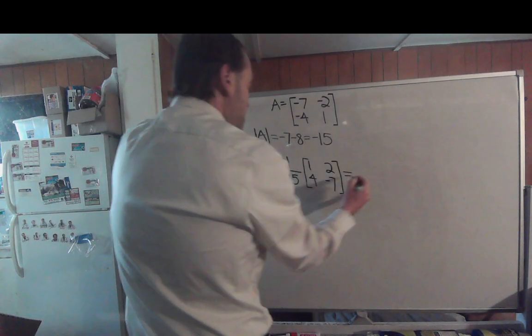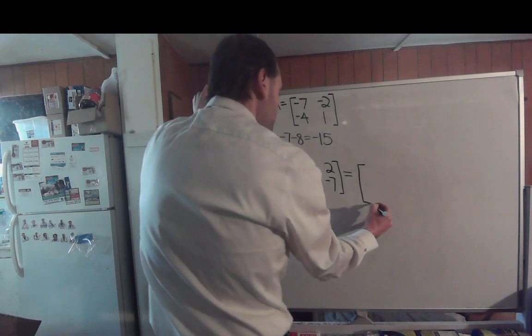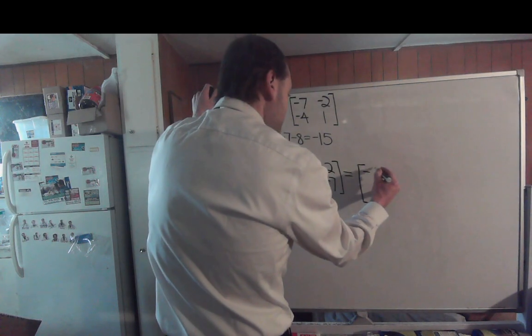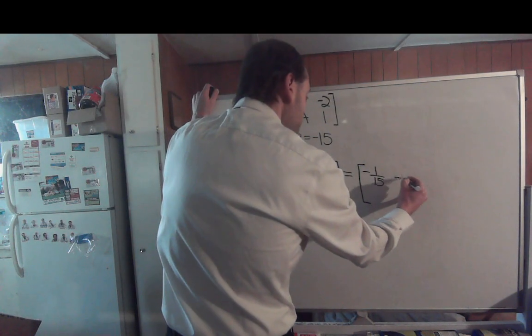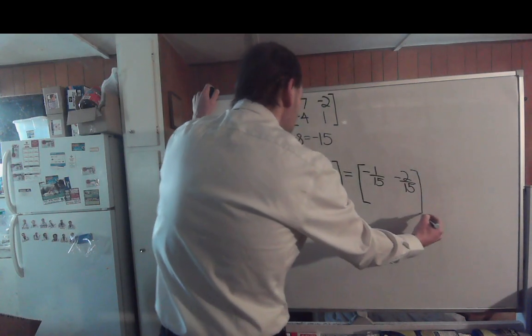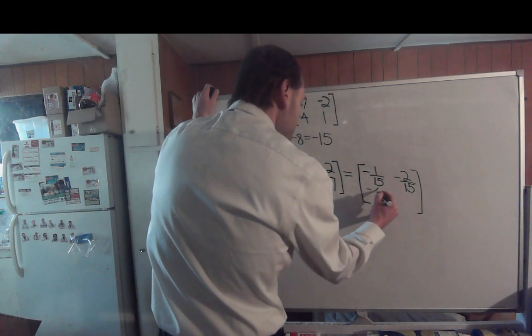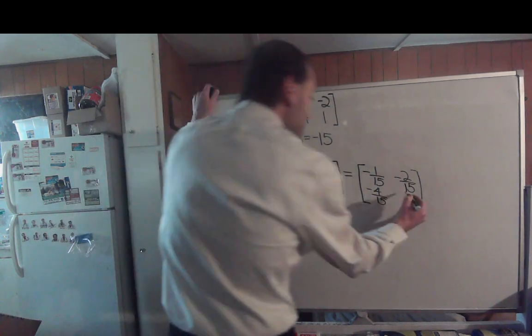So now you just multiply everything by a scale factor of -1/15, giving you the inverse matrix of -1/15, -2/15, -4/15, and then +7/15.